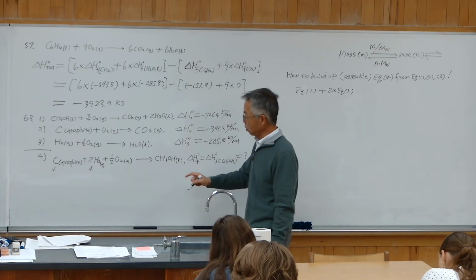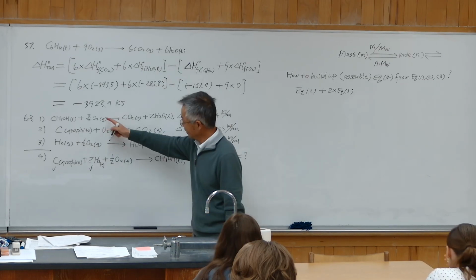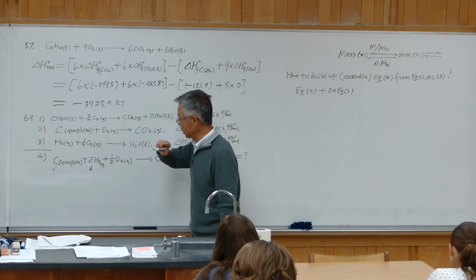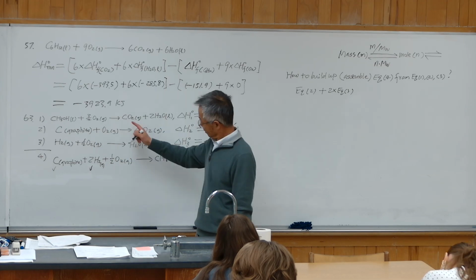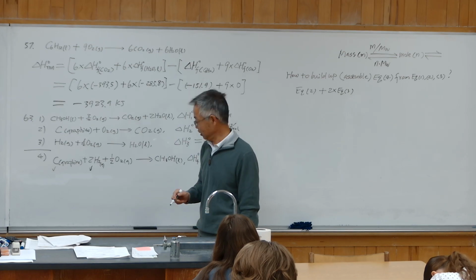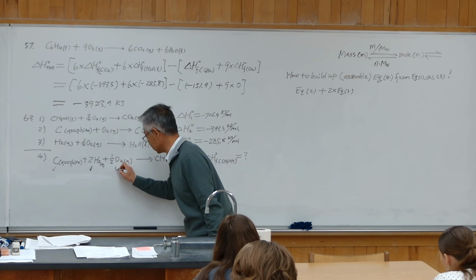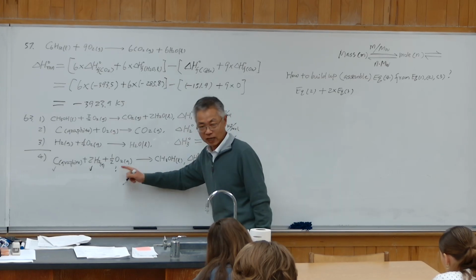Next, we need oxygen. Oxygen is not so easy because all three equations have oxygen. How much of each is needed? You don't know, it's not very easy, so we just put it aside. This is undecided.